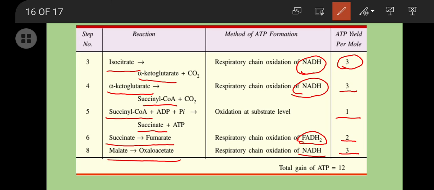So a total of 12 ATP molecules are produced during oxidation of one acetyl coenzyme A. But we have already discussed that in glycolysis 2 molecules of pyruvate are produced and 2 molecules of acetyl coenzyme A are produced. So total ATP production during the Krebs cycle is 24.